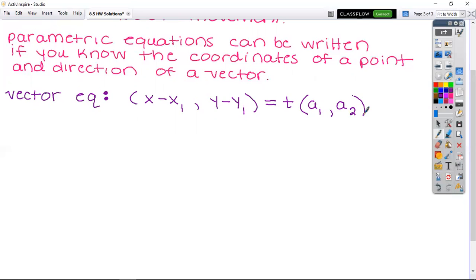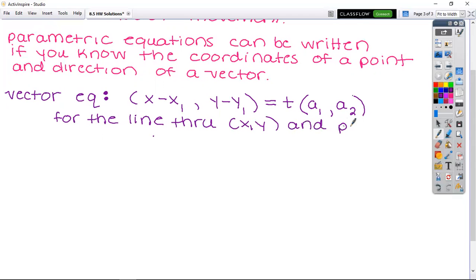All right, so this is going to be for the line through the ordered pair xy, and it's always going to be parallel to vector A, where that is denoted as a sub 1, a sub 2.